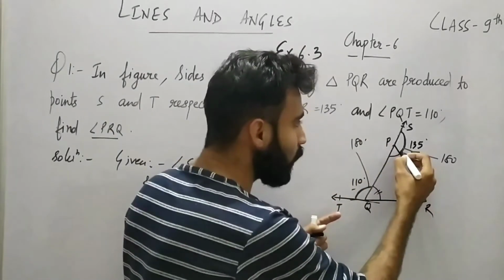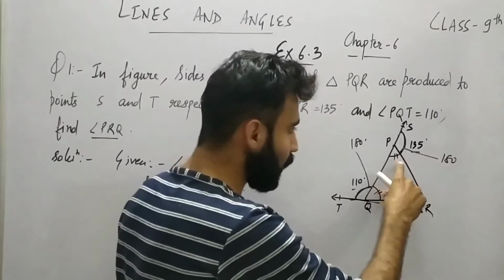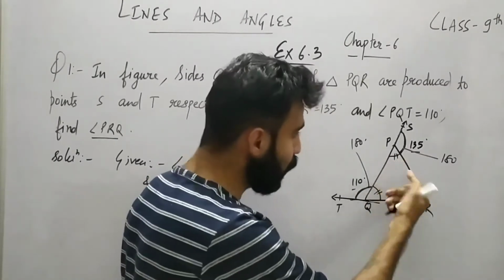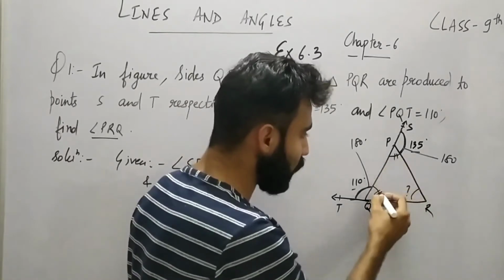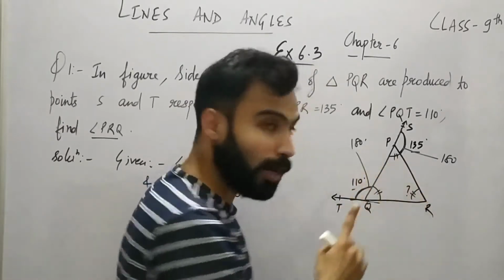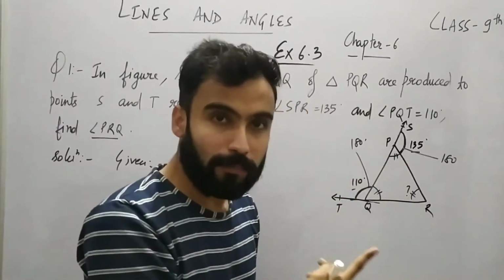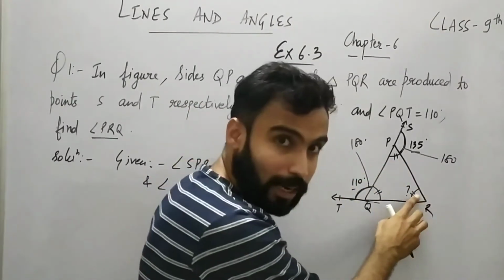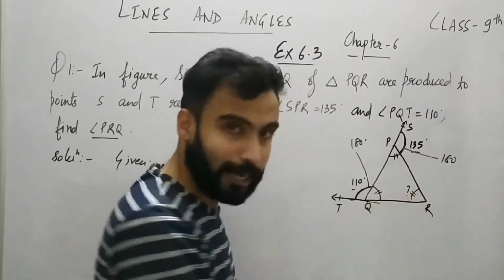If I simply subtract 135 from 180, I'm going to get this angle, right? Now both angles can be extracted from here. Then you know in a triangle, the sum of all three angles is 180 degrees. So simply adding them and subtracting from 180 degrees will get me this angle, right? This is the whole scenario by which we are going to find this angle.